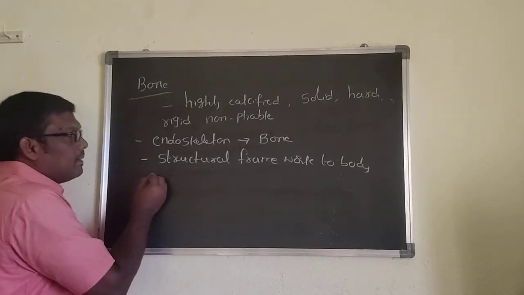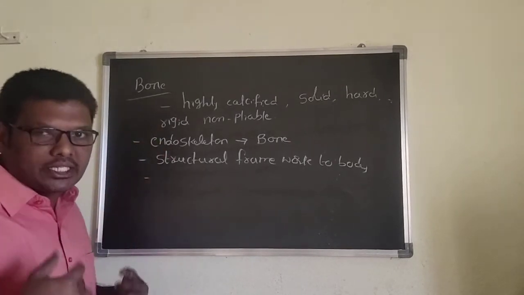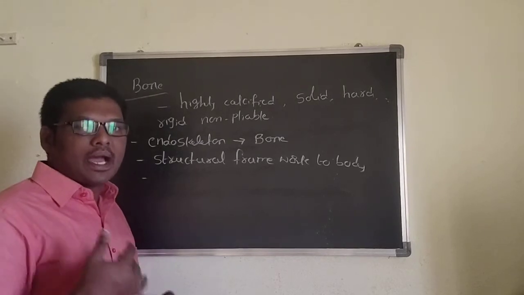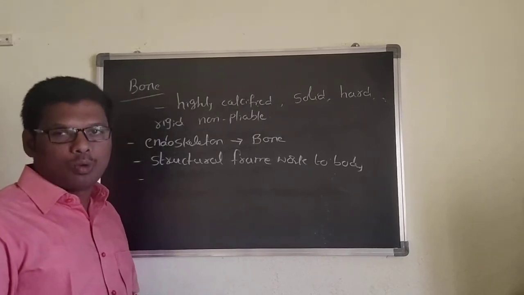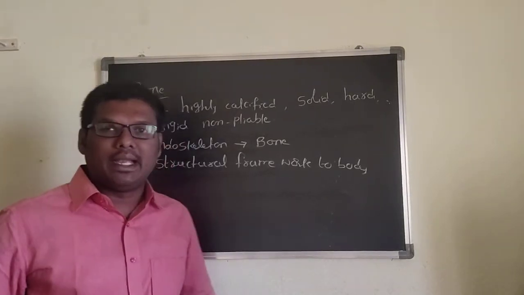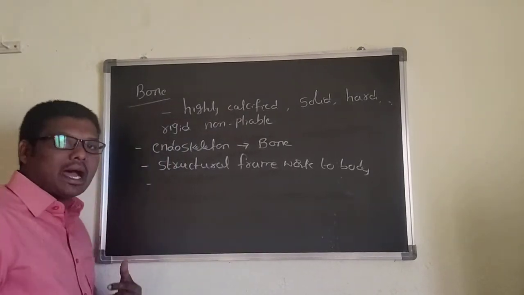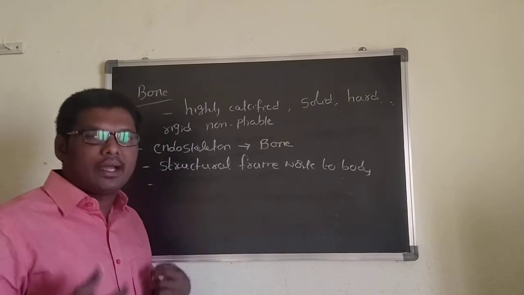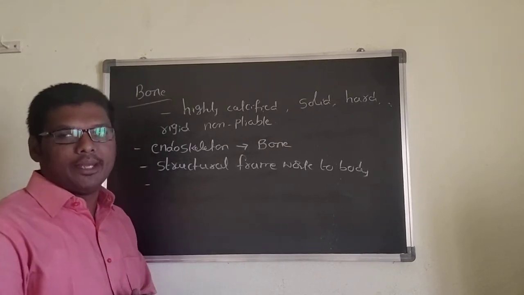These bones are attached to muscles and are useful for locomotion. Here are the limbs, forelimbs and hind limbs, and these can bear the total weight of our body.